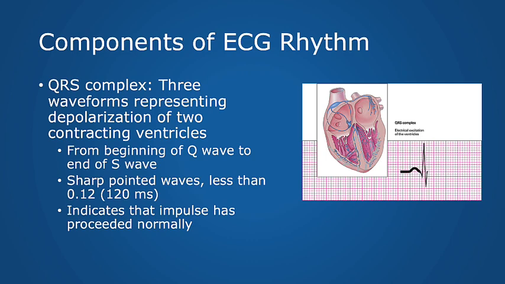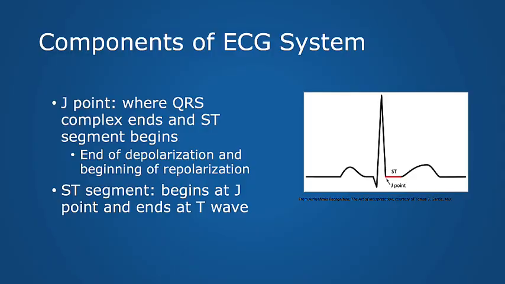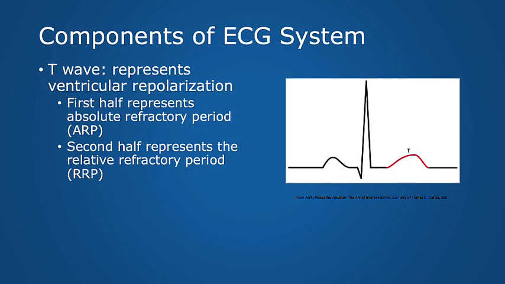The QRS represents ventricular depolarization. The conduction goes through and out around the Purkinje fibers, and it causes contraction. The J point is where we're going to be looking for ST elevation or depression. And then the T wave represents ventricular repolarization.